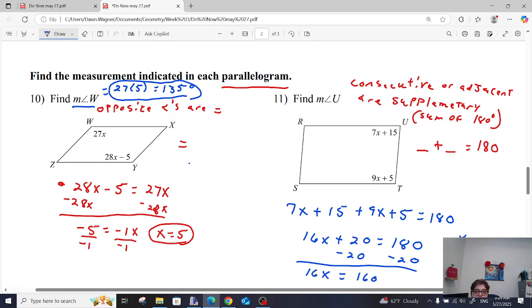X is equal to 10. It asks for the measure of angle U, which is equal to 7 times 10 plus 15, which is 85 degrees. So the two setups are different, right? And that's the key with geometry, knowing the setups.